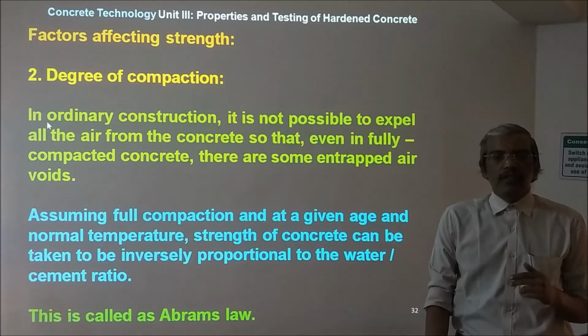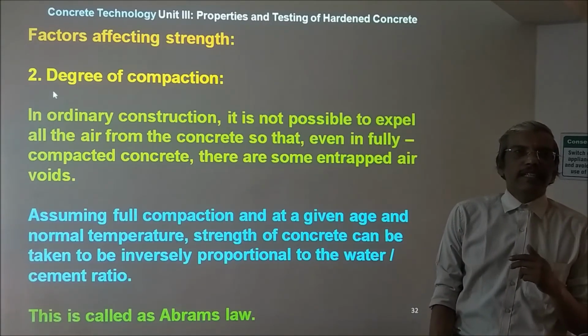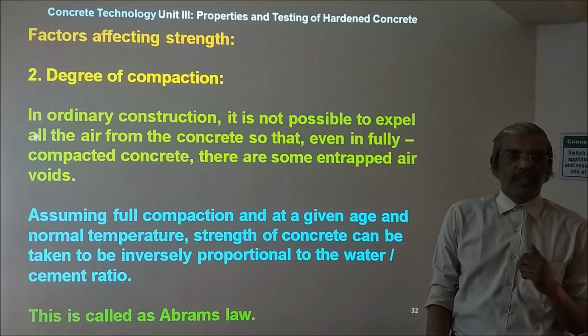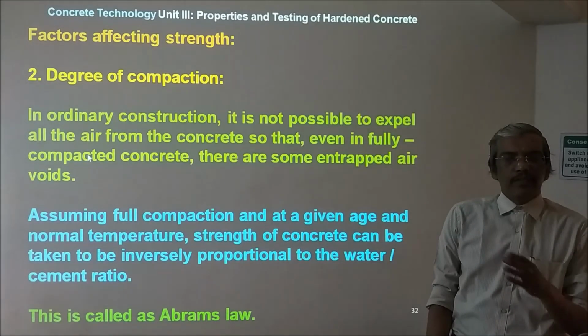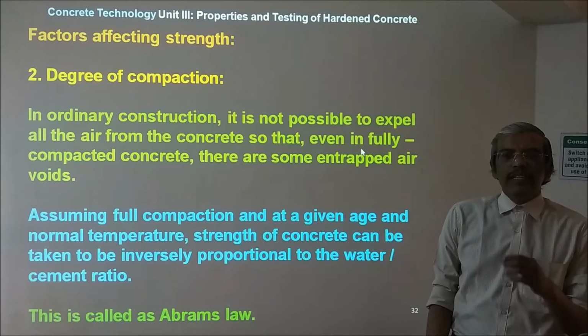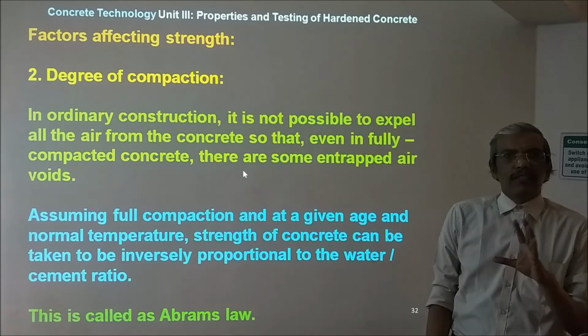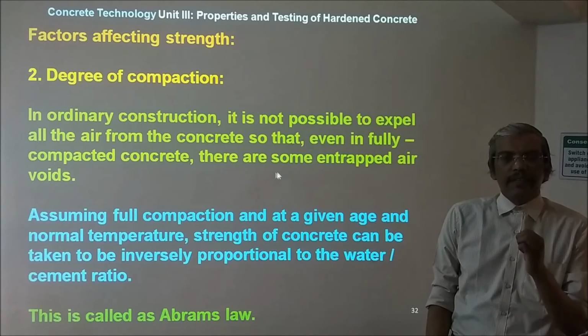Next factor which is affecting the strength of the concrete is the degree of compaction. In ordinary construction, it is not possible to expel all the air from the concrete, so that even in fully compacted concrete there are some entrapped air voids in the concrete.